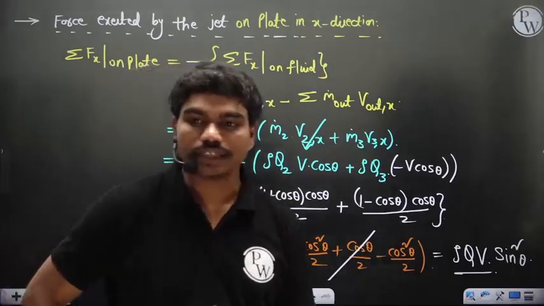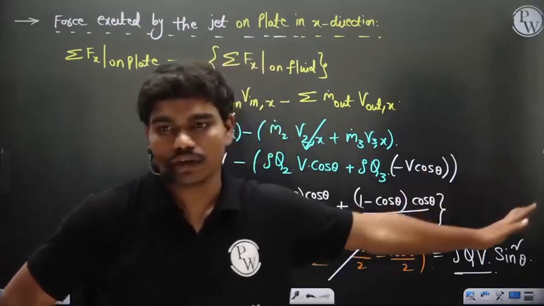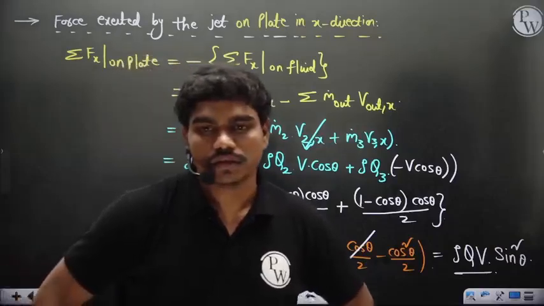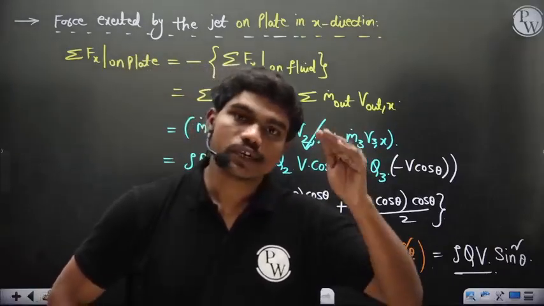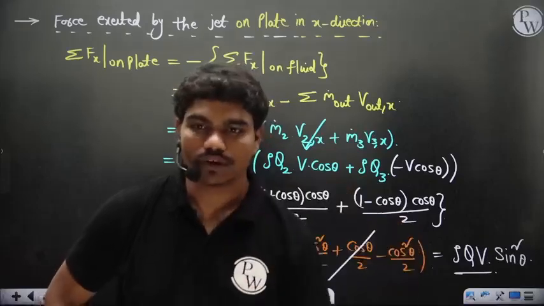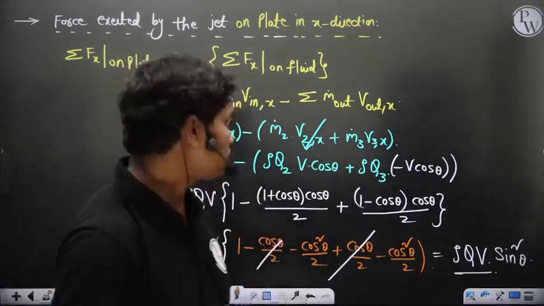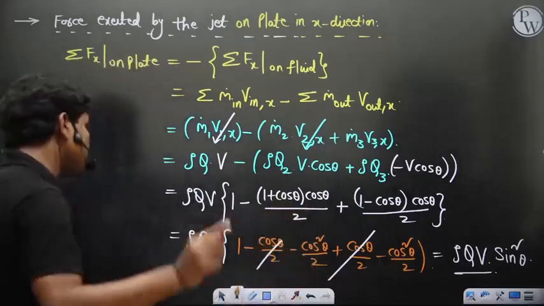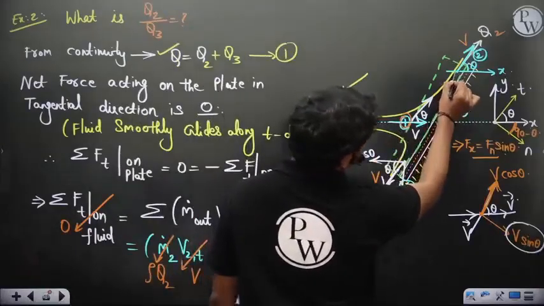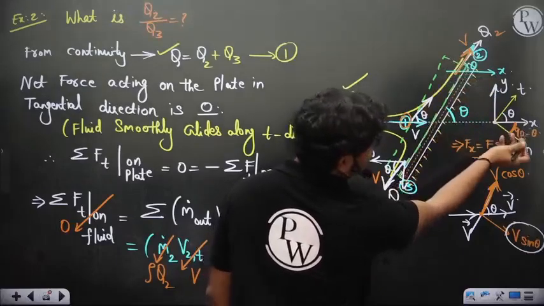Is the resultant of tangential and normal direction in the x direction? No, here the plate is fixed obviously. It's not like the resultant of tangential and the resultant of normal is in the x direction. No, need not be. V2n and V3n velocity is 0, because at section 2, fluid is moving purely tangentially, so the normal component of velocity is 0.